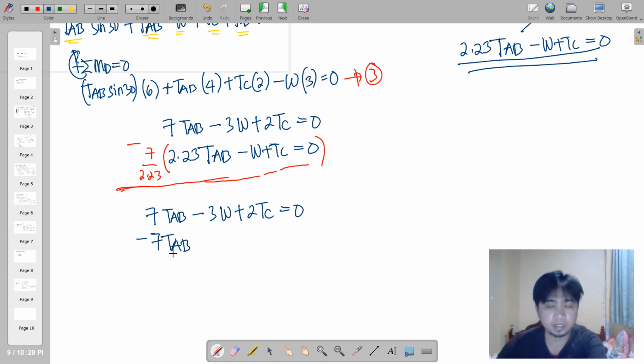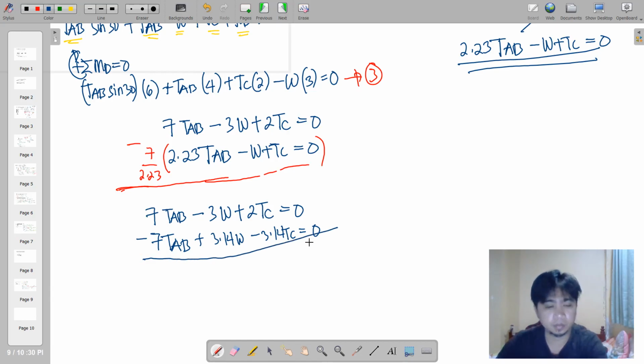So we have here negative 70 AB and then plus 3.14 W, and we have here minus 3.14 TC is equal to 0.